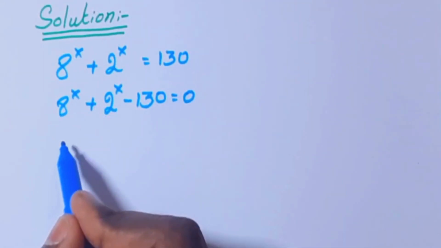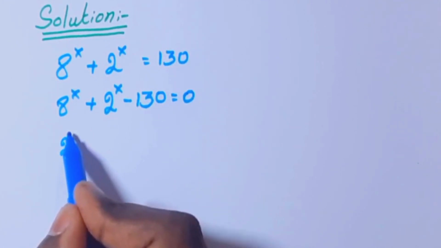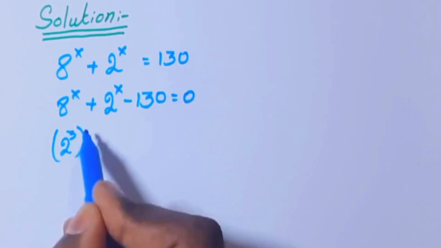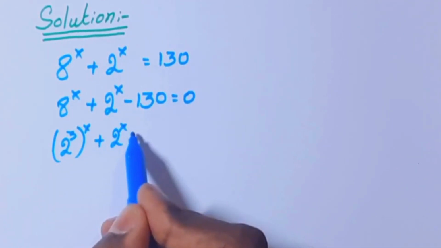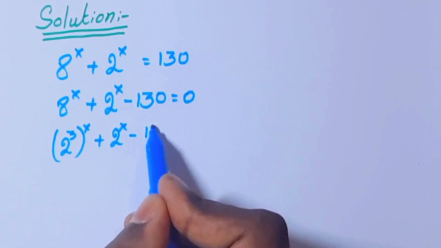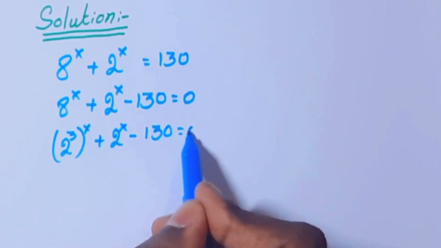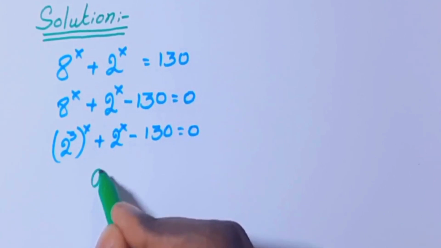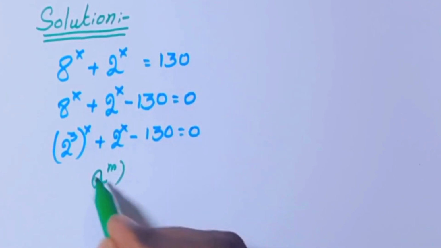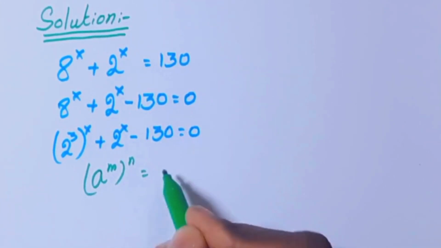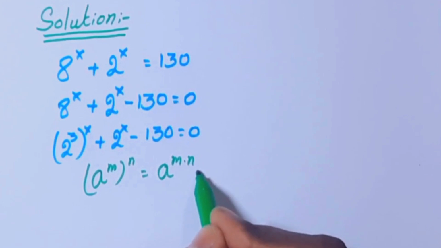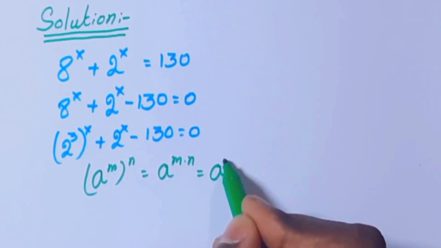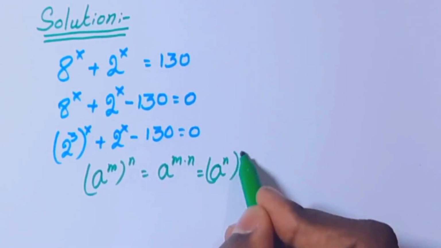Now this 8 can be written as (2 power 3) whole power x plus 2 power x minus 130 equal to 0. Now (a power m) whole power n equal to a power m times n equal to (a power n) whole power m.